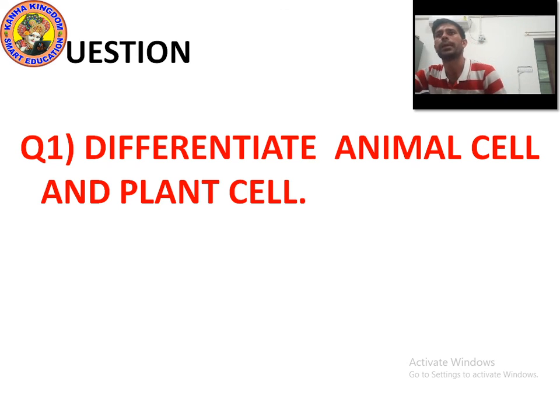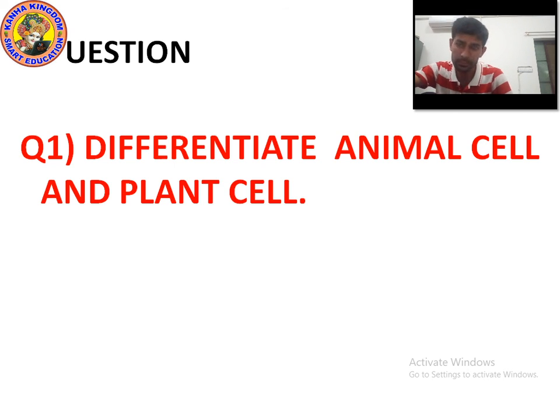Okay, plant cell: usually larger than animal cell, cell wall present in addition to plasma membrane, plasmodesmata present, chloroplast present, vacuole large and permanent, tonoplast present, centriole absent, nucleus present along the periphery of the cell, lysosomes are rare, storage material is starch.